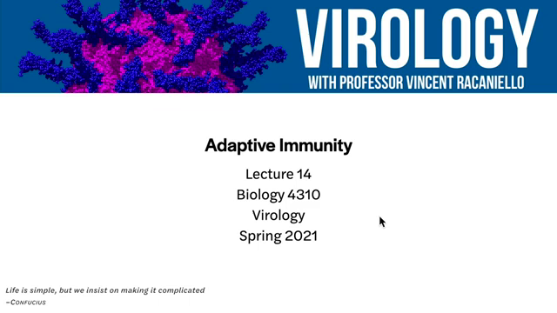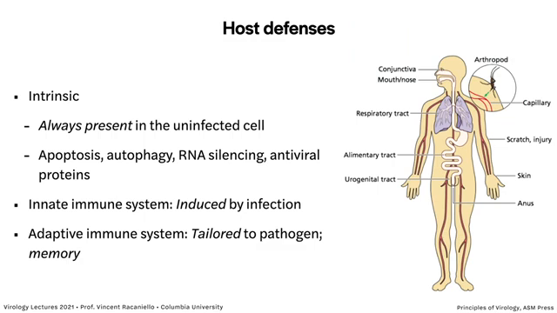We're going to talk about adaptive immunity. Last time, if you can remember, a week ago, we talked about intrinsic and innate defenses. Just to remind you, intrinsic defense is always present in uninfected cells, and they include defenses like apoptosis, autophagy, RNA silencing, and antiviral proteins.